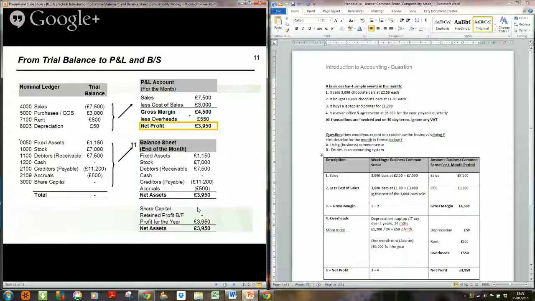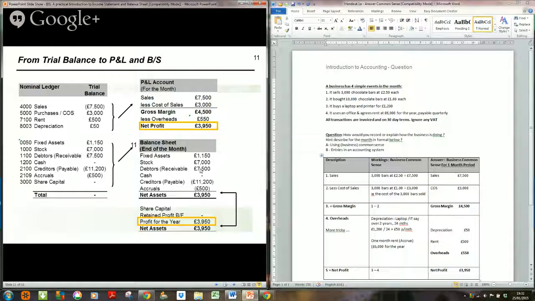Why does our balance sheet balance? Well, it's come from a trial balance that balances. How does it balance when the P&L doesn't necessarily balance? Well, quite simply, the profit that we're making in our profit account is coming down into our balance sheet to balance the two.